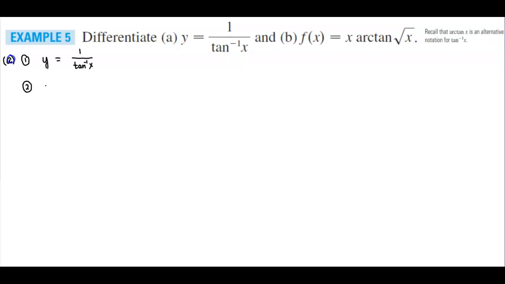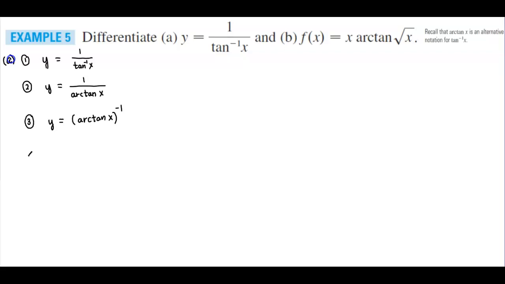Now we can rewrite this to be y, which is equal to 1 over tangent inverse of x. And now we can rewrite this as the arctangent of x to the negative 1.